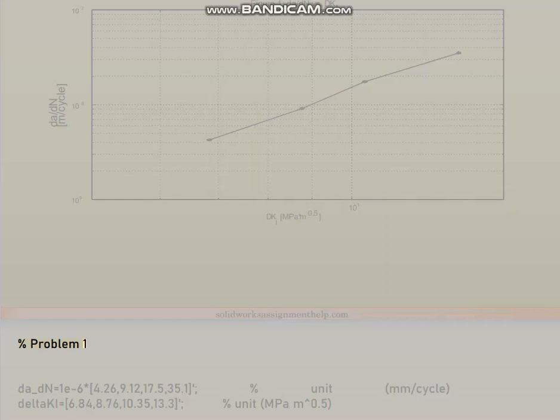Problem 1. da_dn equals 1e-6 times 4.26, 9.12, 17.5, 35.1, percent unit mm/cycle. delta Ki equals 6.84, 8.76, 10.35, 13.3, percent unit MPa m^0.5.